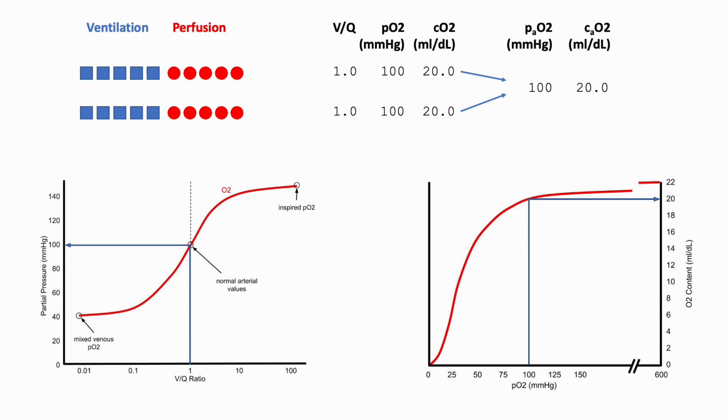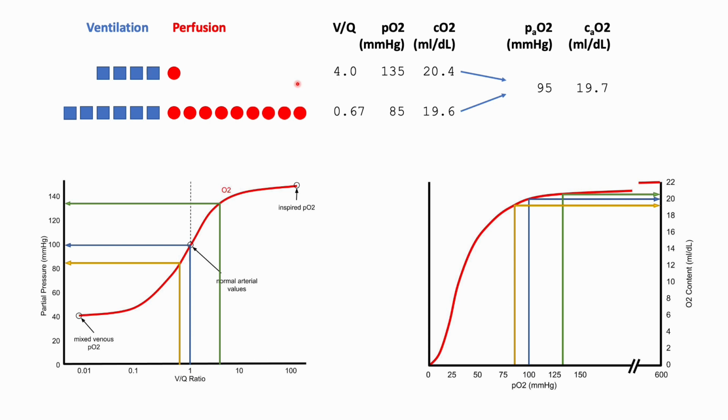Let's consider now what will happen if we introduce a small degree of VQ mismatch, as is the case with the effects of gravity. Now our apical lung unit has a high VQ of 4 and the basal lung unit has a low VQ of 0.67.